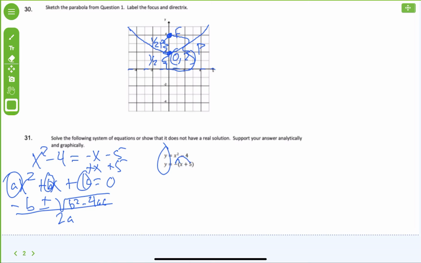So the opposite of b would be -1. Remember, there's always a built-in 1 there. So -1 plus or minus the square root of b squared, which is 1, minus 4, and a is 1, c is 1. And then 2a, where a is 1, so that's just 2.